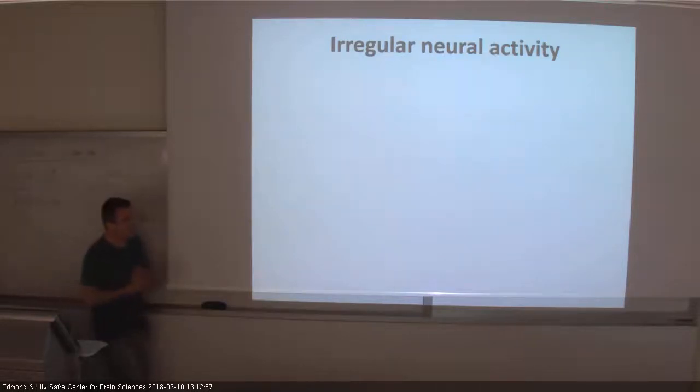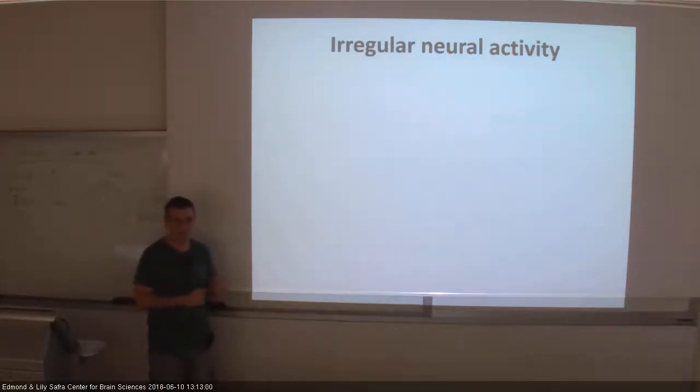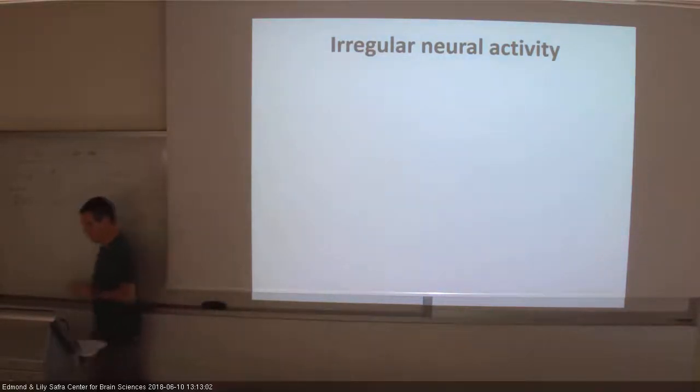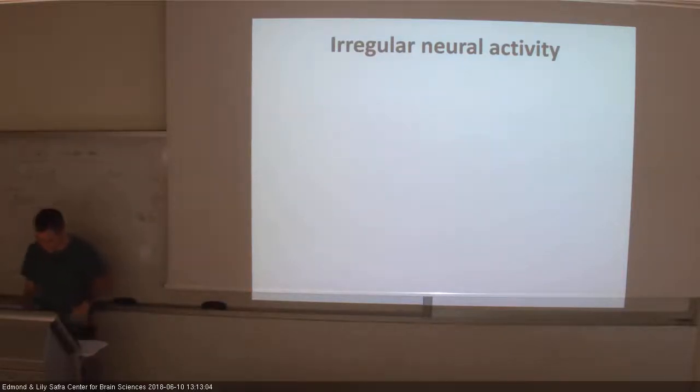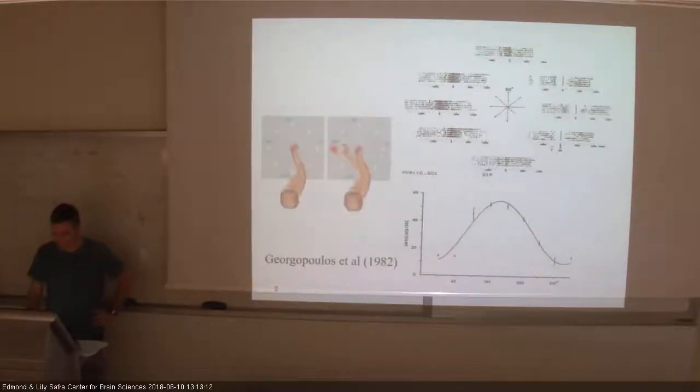So far we talked about rates, but these rates are made of spikes. And whenever we look at neural activity in the cortex, it looks like a mess.